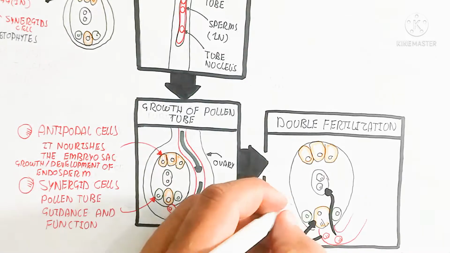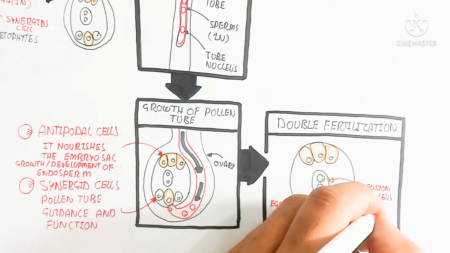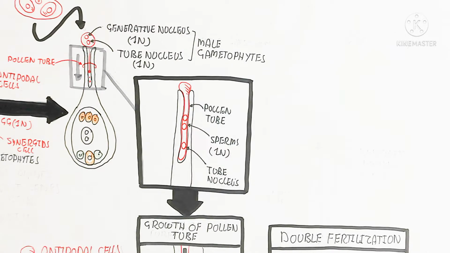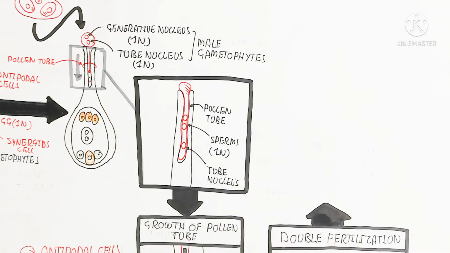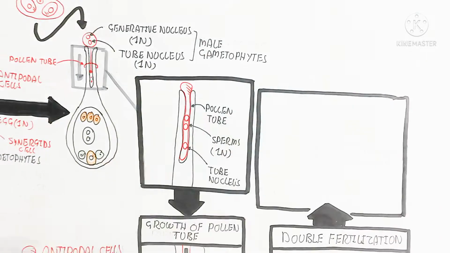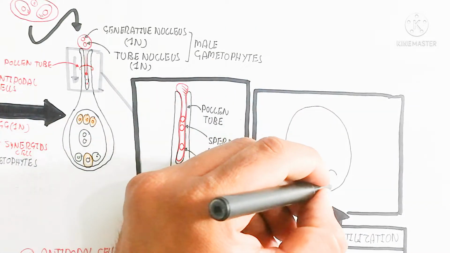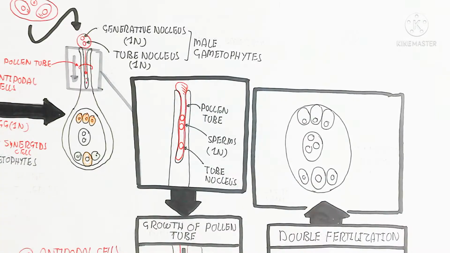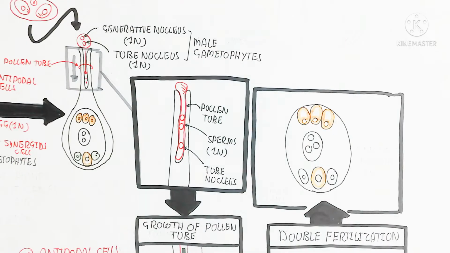But the two fusion nuclei, haploid, will fuse with the second gamete of the male sperm. After the zygote formation with the egg fusing with the nucleus, the endosperm nucleus will bind with the two fusion nuclei to form not diploid but triploid.